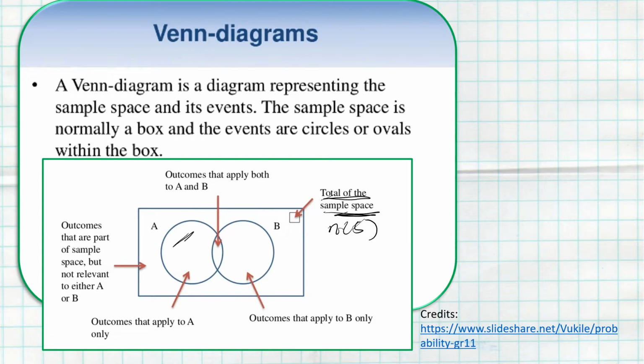Any outcome that lies here, remember this is an event for A. Any outcome that lies here applies for A only.